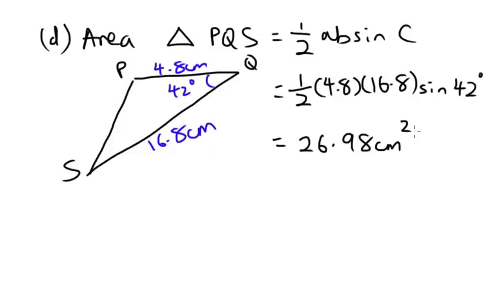Let me double check again with the calculator. Sometimes you can just double check in case you make any mistake during the calculation. Right, so it's correct from the calculator, which is 26.98 cm square.